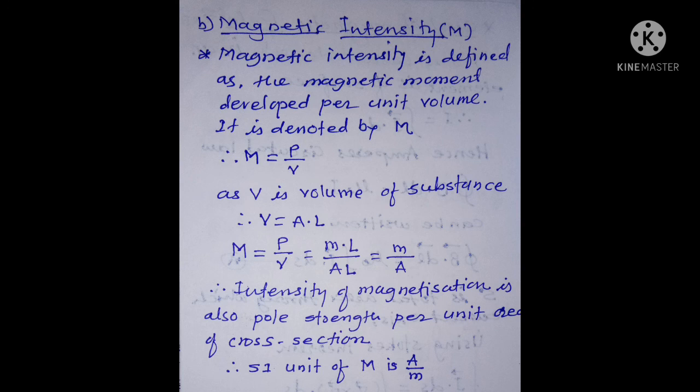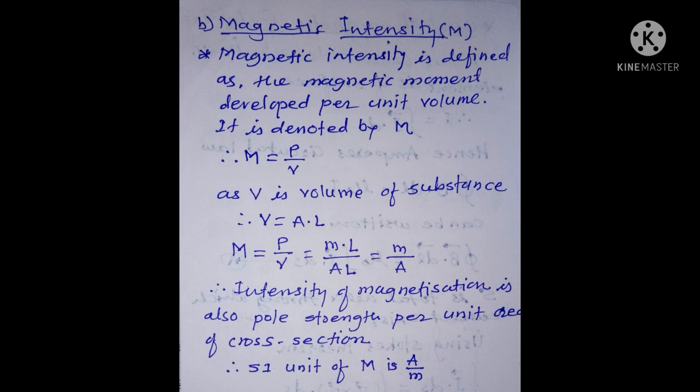Now the second property is magnetic intensity. The magnetic intensity is the magnetic moment developed per unit volume is defined as the magnetic intensity for the magnetic substance. Again refer the same figure.